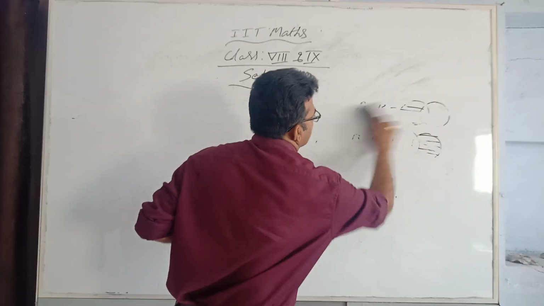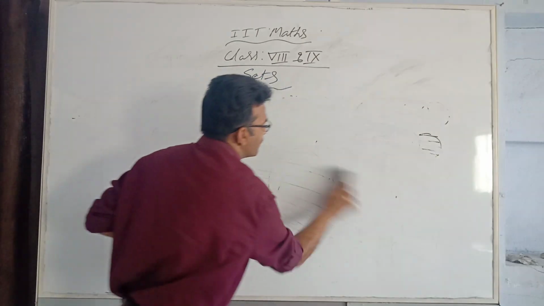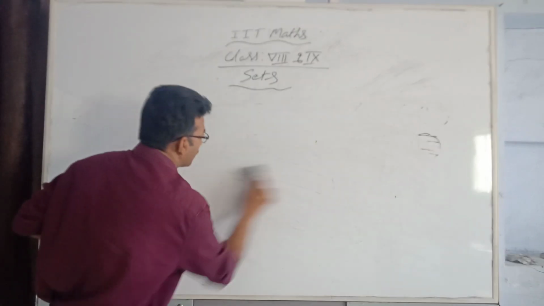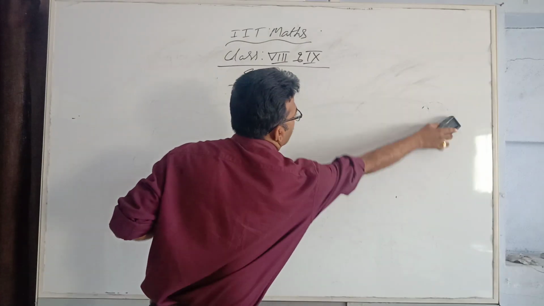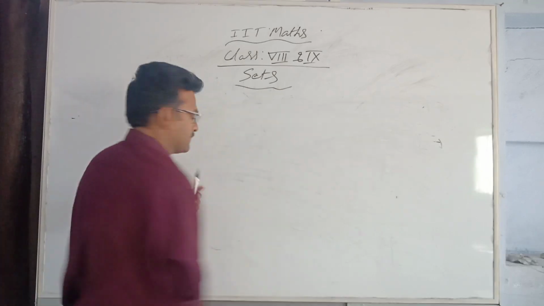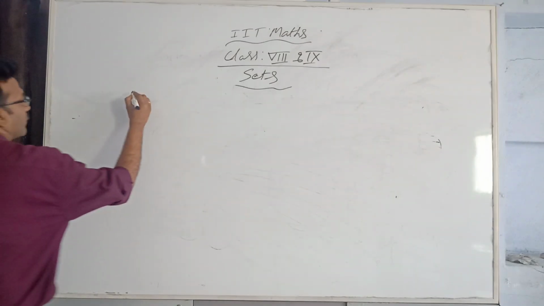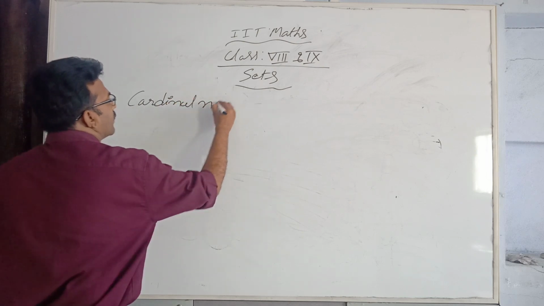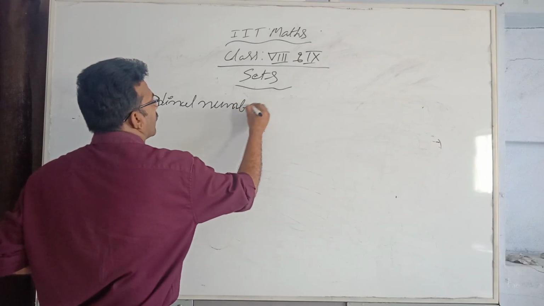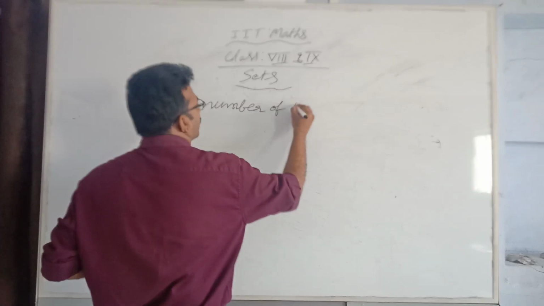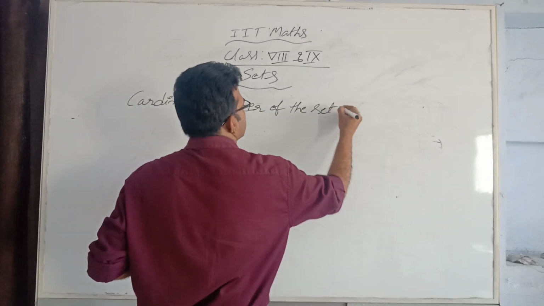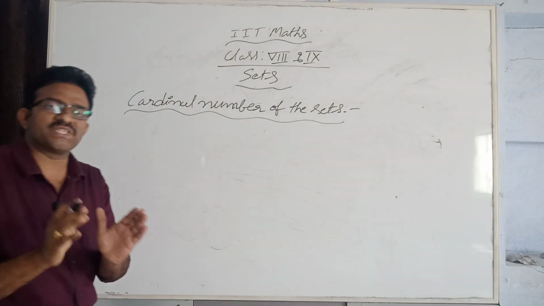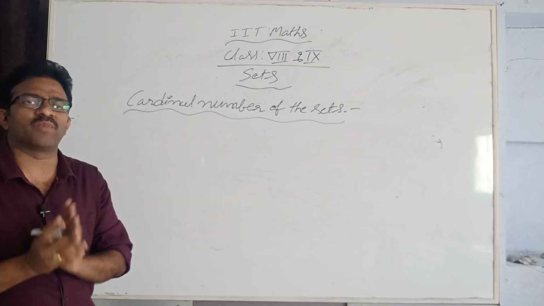Cardinal number of the set is the number of elements present in the set.